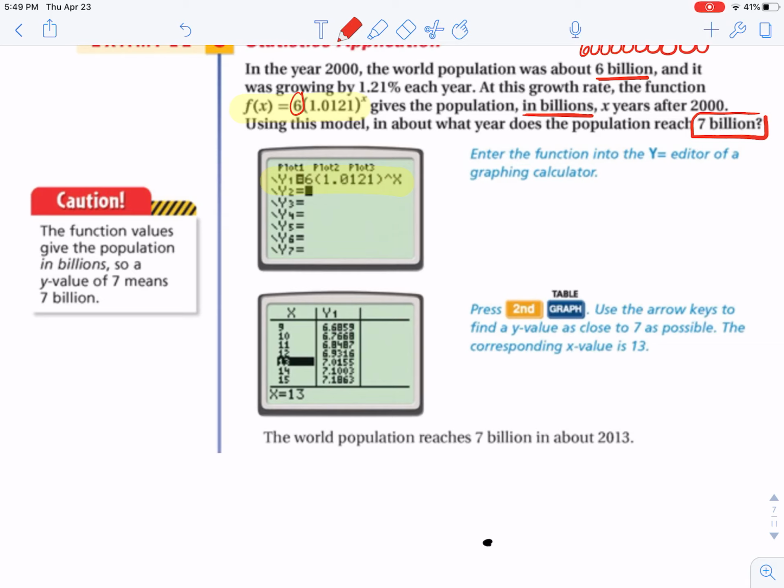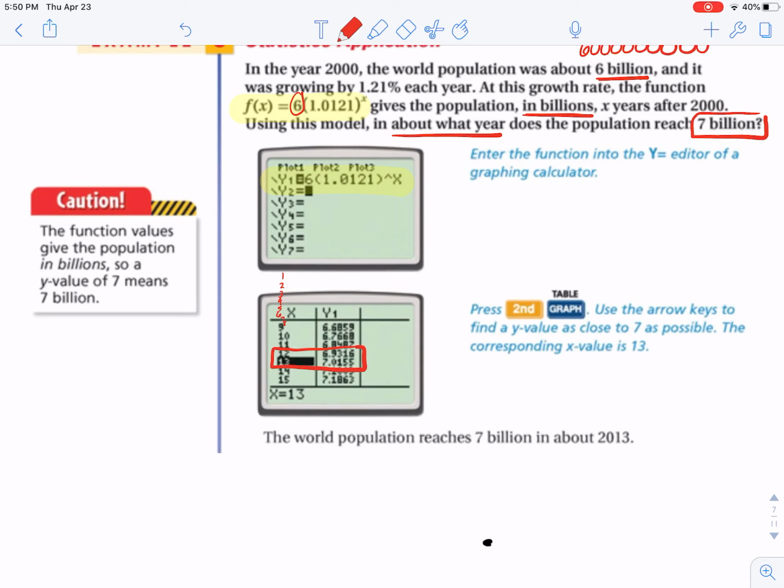Obviously, you can't have a negative number of years. So they looked at 1, 2, 3, 4, 5, 6, 7, 8. They kept scrolling down. And then finally, notice it falls in between the 12th and the 13th year. And it does say in about what year. Well, in the 12th year, notice it gets to 6.9316.